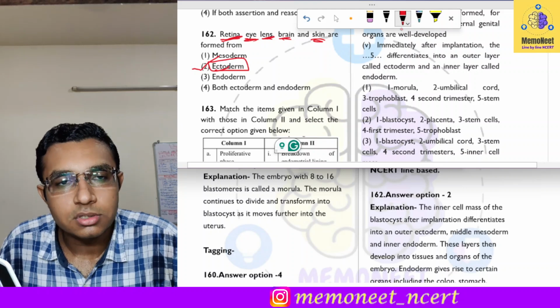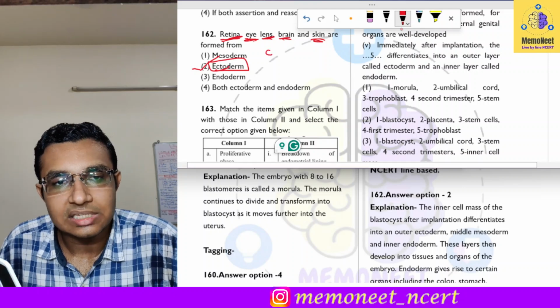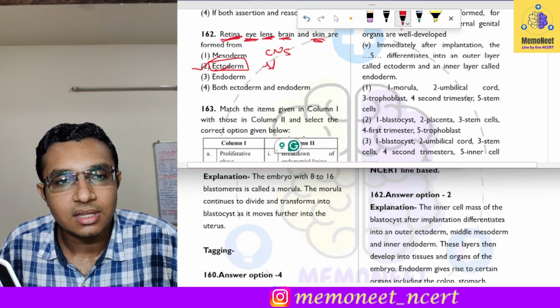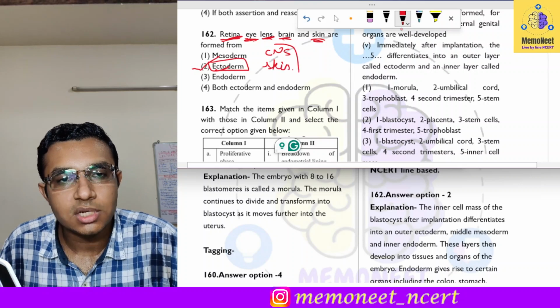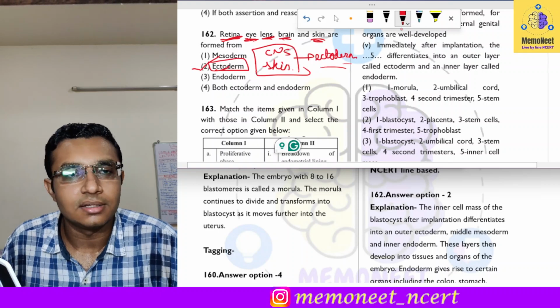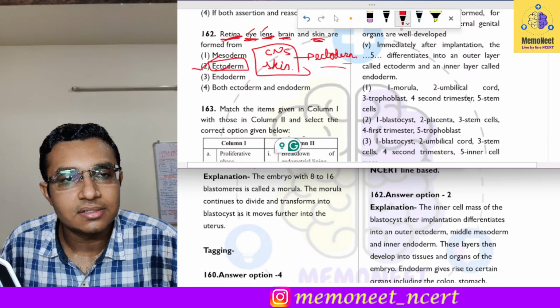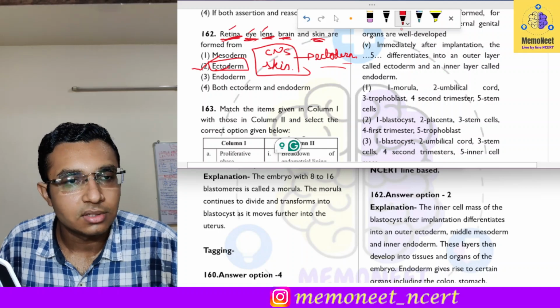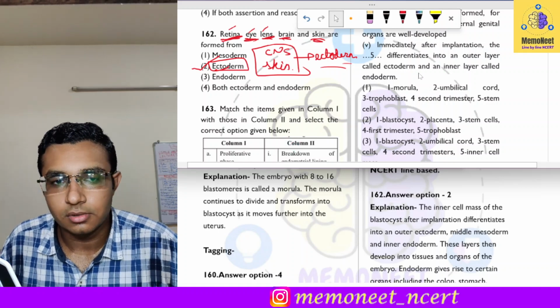And also as you can see here, brain, so CNS and skin, these are the most important terms which you need to remember, which develop from the ectoderm, and the others are the lens, eye and the retina. So the correct answer of this question is option 2.